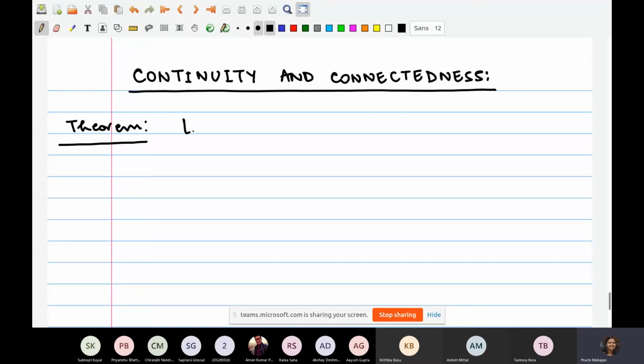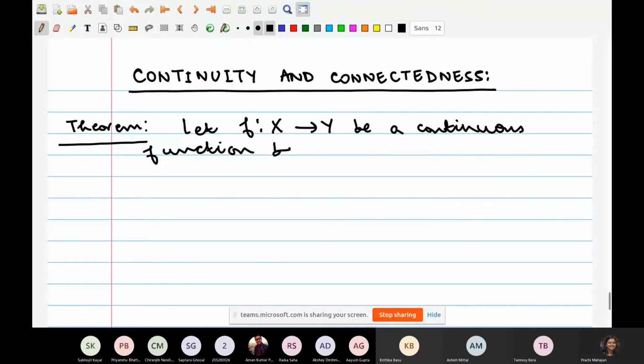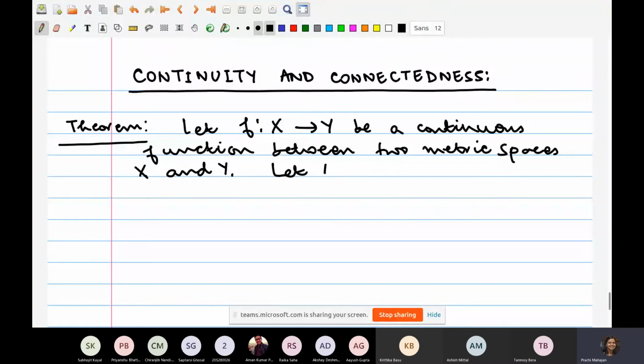Let f be a continuous function between spaces X and Y. Let A be a subset of X which is connected.